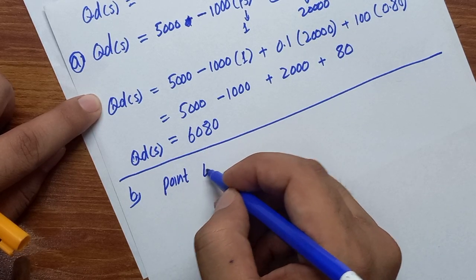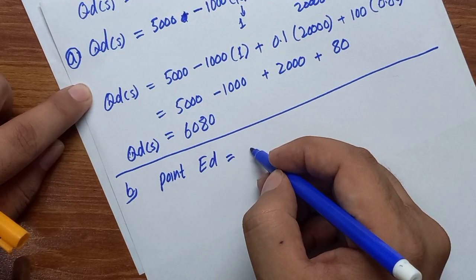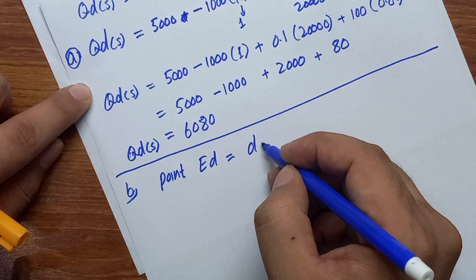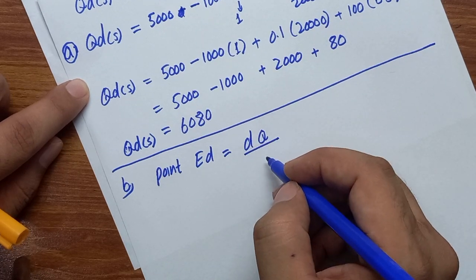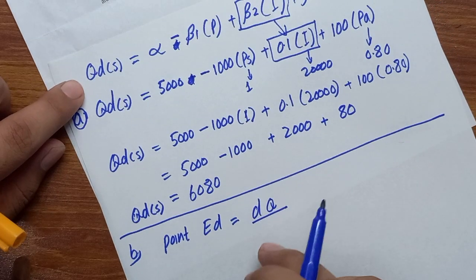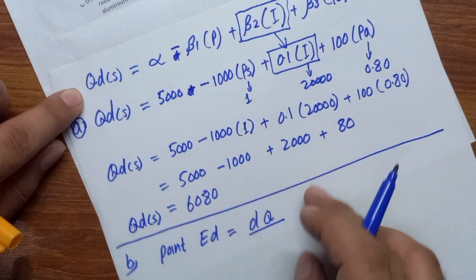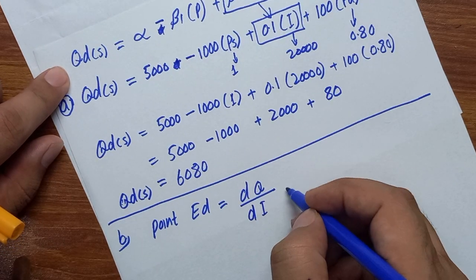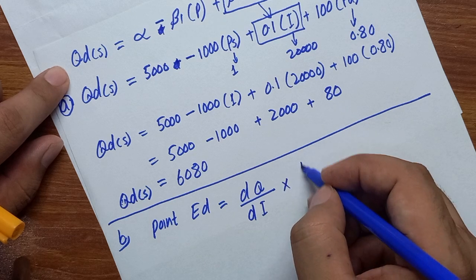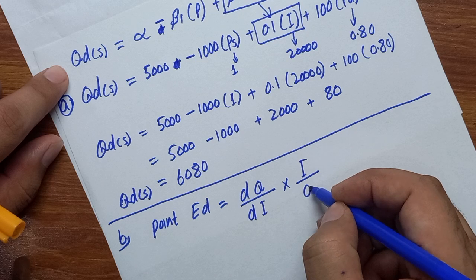The formula of point elasticity is delta Q, and here we are going to find the quantity demanded with respect to income. So here dQ/dI multiplied by I divided by Q.